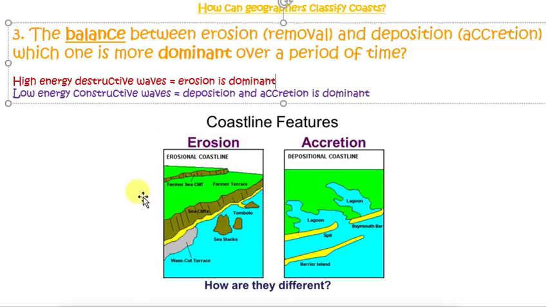Erosional features and landforms tend to be steep sea cliffs, stacks, caves, wave-cut platforms, and others such as blowholes and geos. Whereas if accretion or deposition is the dominant process, we tend to get wide sandy beaches. If it's sheltered, then we get lagoons, spits and barrier islands.